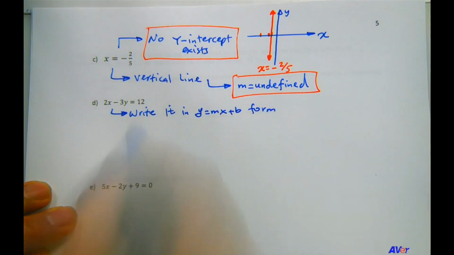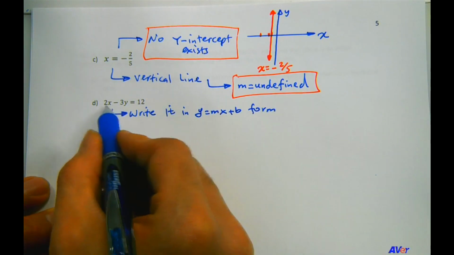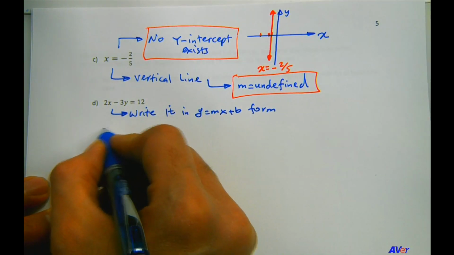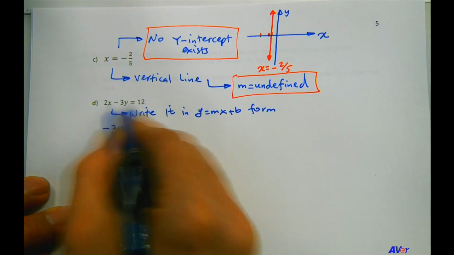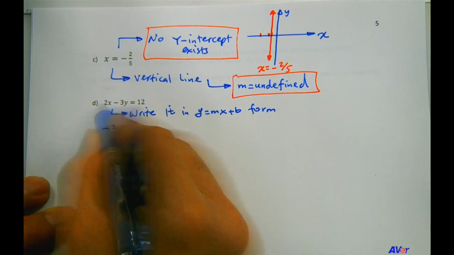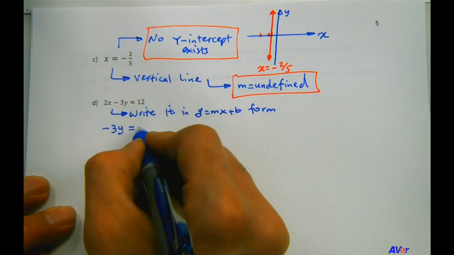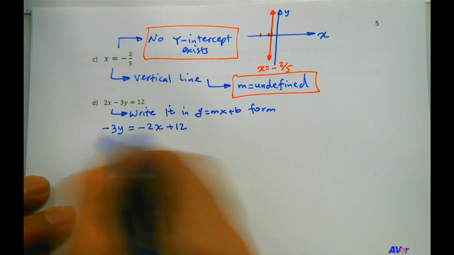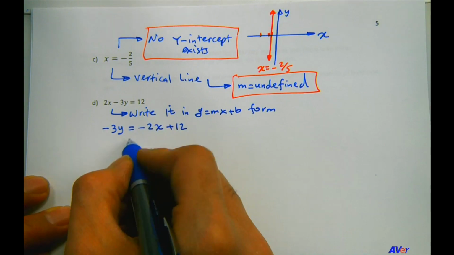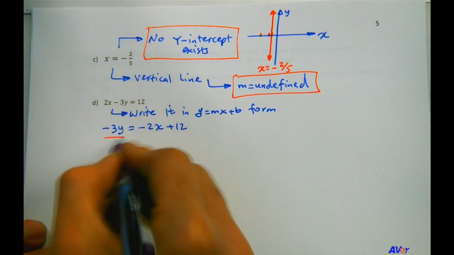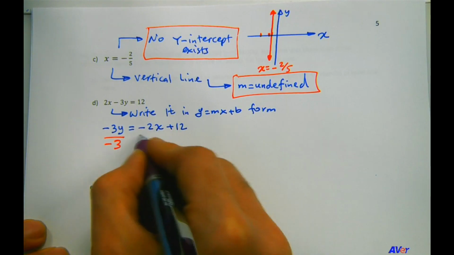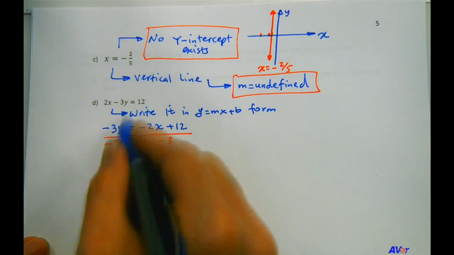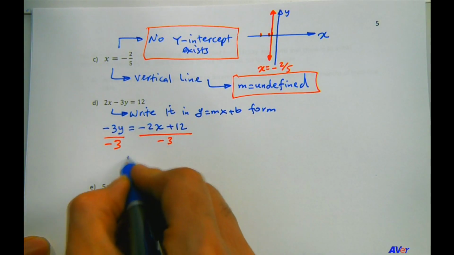Like that, okay? So first, let's move the 2x to the other side. When we do that, it changes the algebraic sign from positive to negative, something opposite, right? Minus 2x plus 12. Now let's divide both sides by negative 3. What do we end up with? On the left, things are easy. We end up with y.